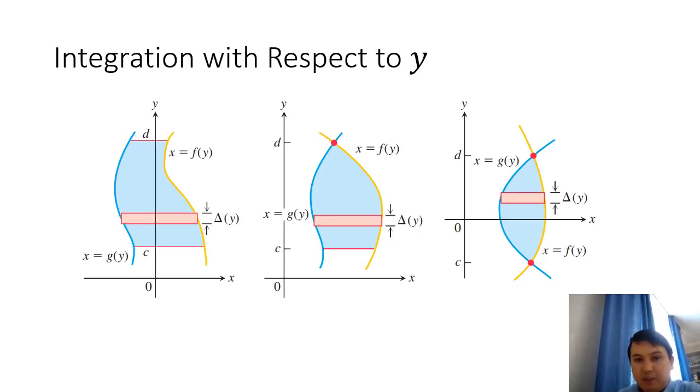Well, it might happen that your curves are better defined as functions of y, right? Like it's not y is equal to f of x, it's x is equal to f of y, etc. So, for example, if you want to integrate with respect to x, you should be slicing your intervals vertically, right?